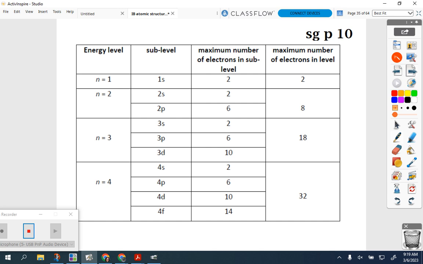Third energy level adds the d orbitals. There are 5 of them, can hold a total of 10. There are 3 p orbitals, there are 5 d orbitals. And when we get to energy level 4, we have our 7 f orbitals.